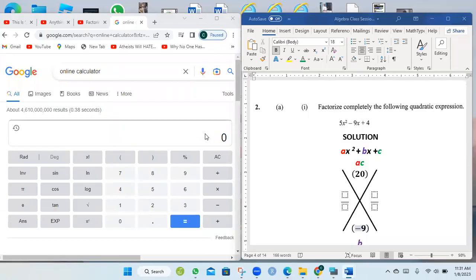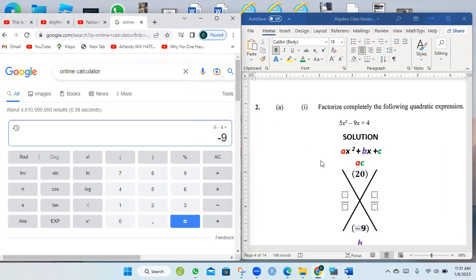So here we have called up an online calculator. Negative 5 times negative 4 is equal to a positive 20. And negative 5 plus negative 4 will give you negative 9.